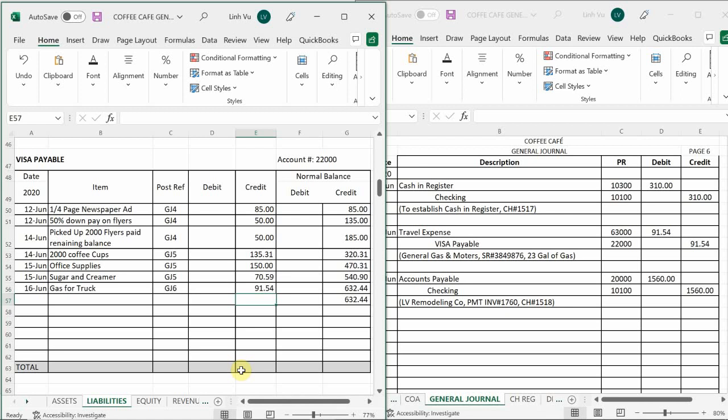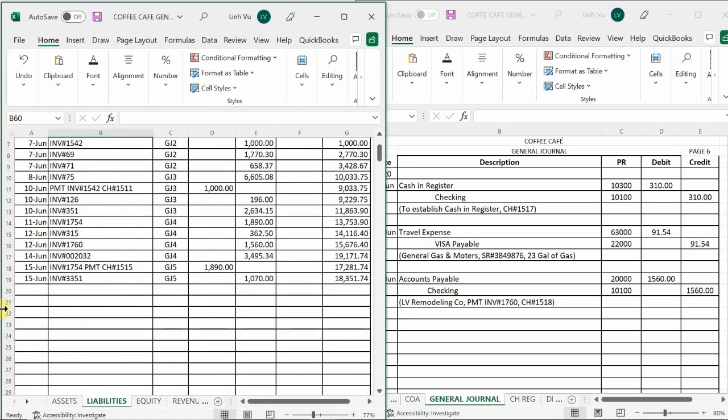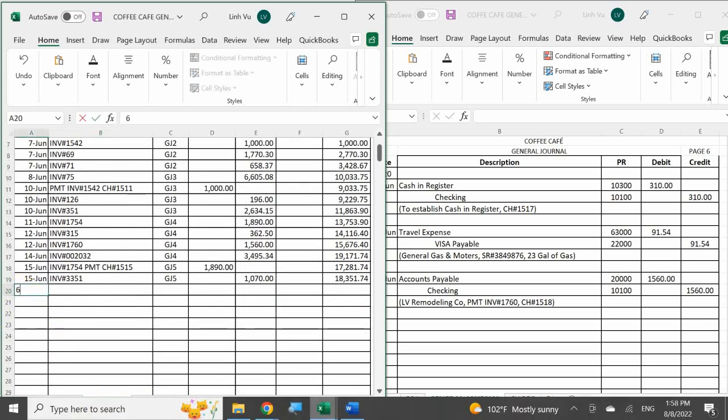And you would go to accounts payable in liabilities. Put in today's date. Invoice 1760. And check 1518. On page 6.